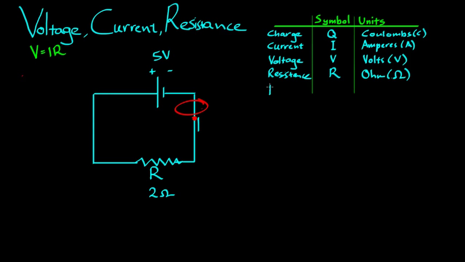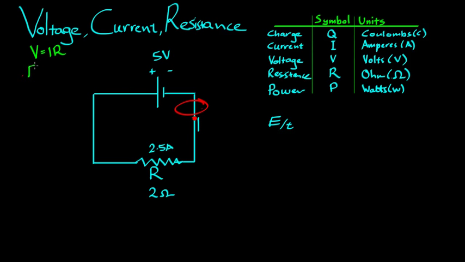New concept, power. Symbol P, unit watts. Power is the energy released per unit time in a circuit. And there are a few key formulas associated with it. Say I have this resistor here. We said it had current 2.5 amps flowing through it.